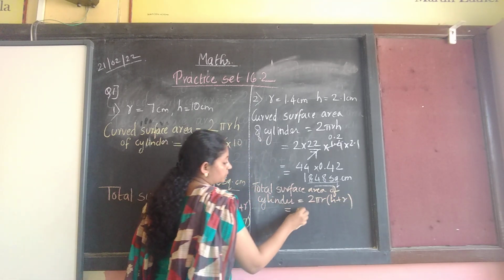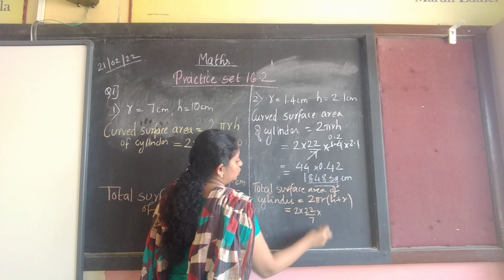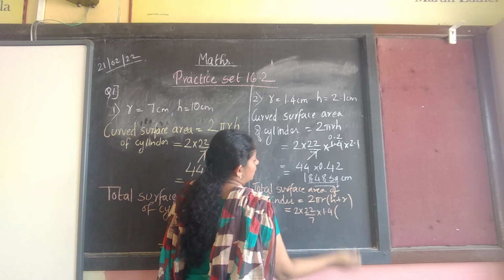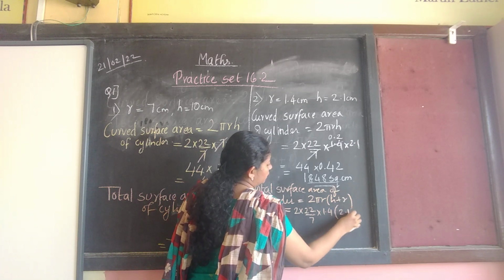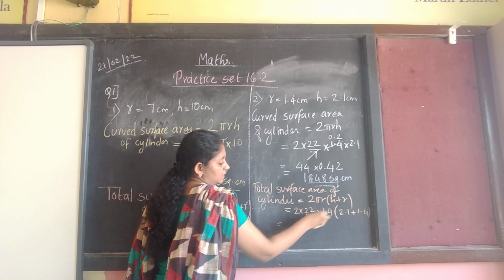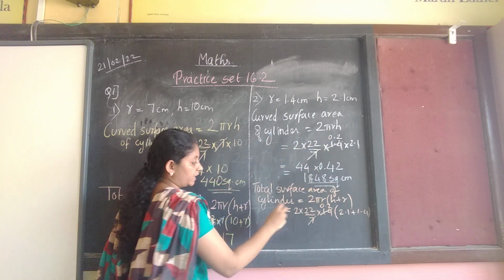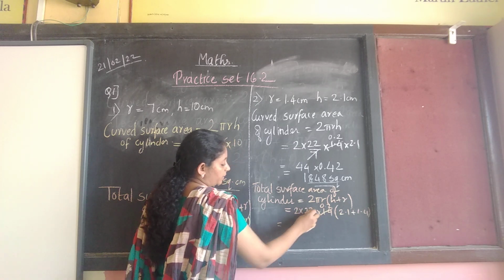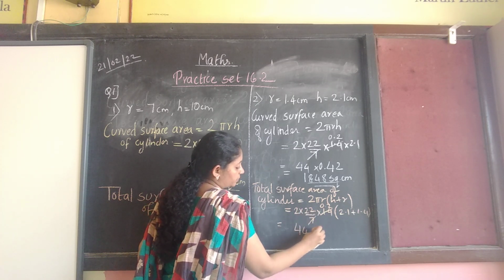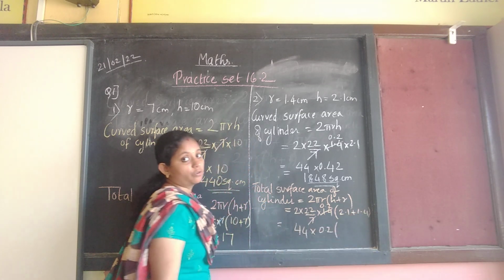Substitute and solve it. 2 into 22 upon 7 into 1.4 and h plus r, 2.1 plus 1.4. You can cancel, so you will get 0.2 as previously as we solved. Then what you are going to do here, 22 2s are 44 into 0.2, 2.1 plus 1.4.